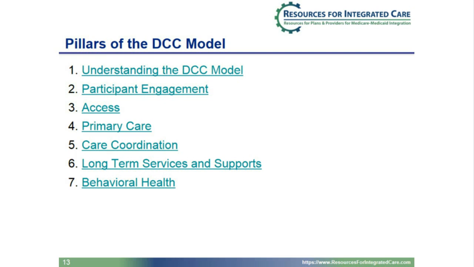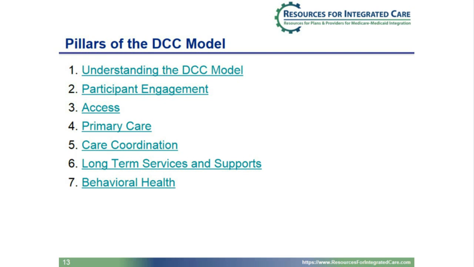The sixth is long-term services and supports, commonly called home and community-based services. Focuses on personal care, durable medical equipment, wheelchair services, housing, and other services and supports needed to function in the community. These are seen as the means to avoid institutionalization and maintain as independent a life as the participant desires.